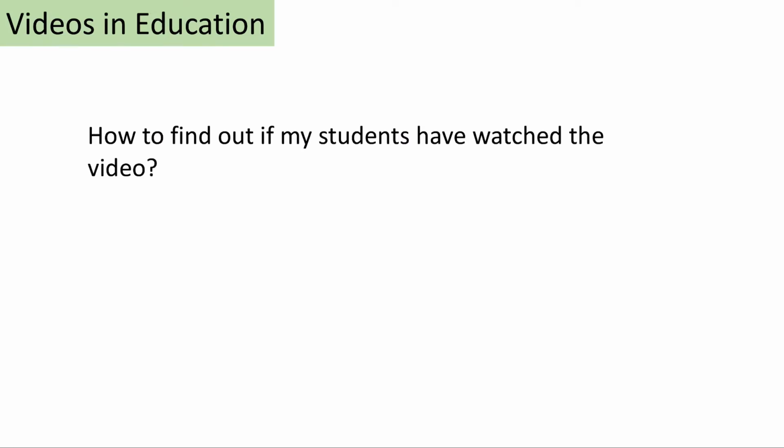The first one: how to find out if my students have watched the videos. I posted a video and I'm not sure if they really did watch it. Looking at YouTube analytics, I'll find a number of clicks and how much time on average people spent watching the video.